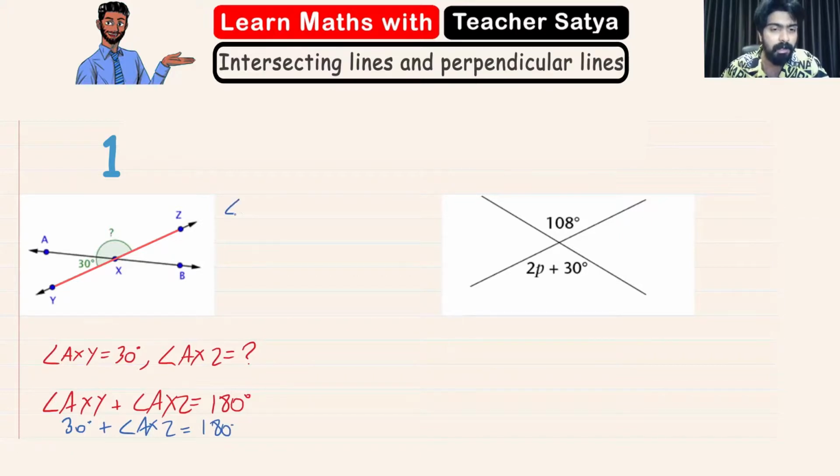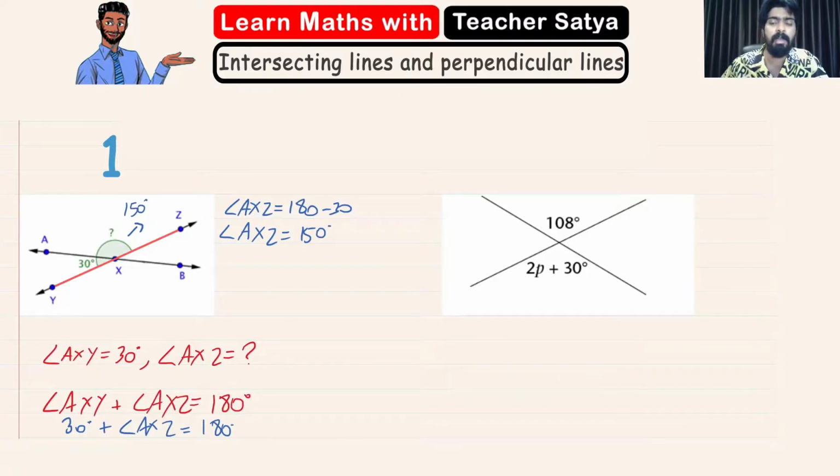Therefore, our angle AXZ will be equal to 180 minus 30. So angle AXZ will be equal to 150 degrees. Therefore, this question mark right here will be equal to 150 degrees.